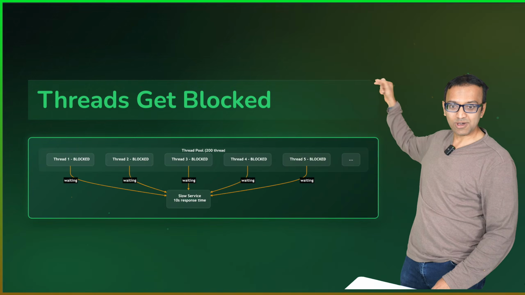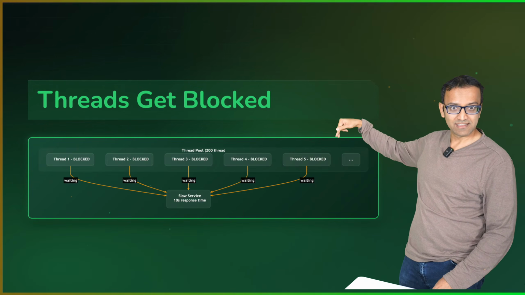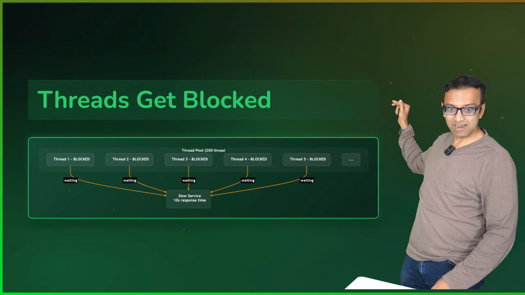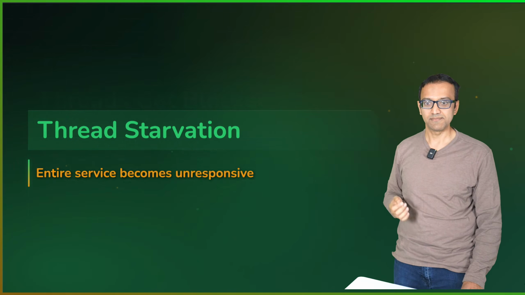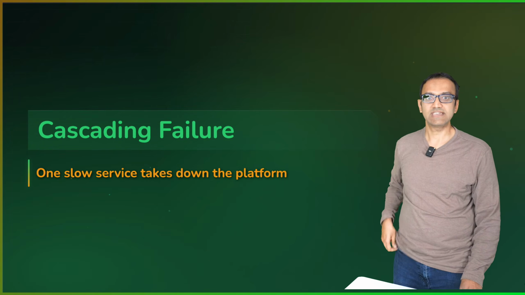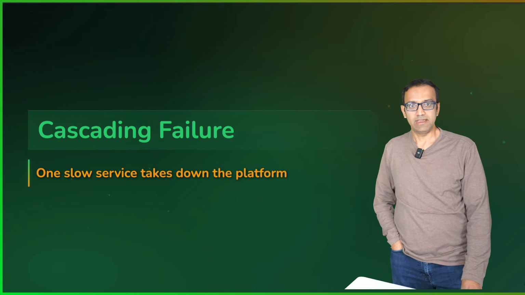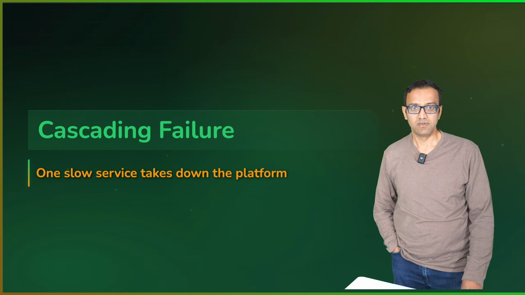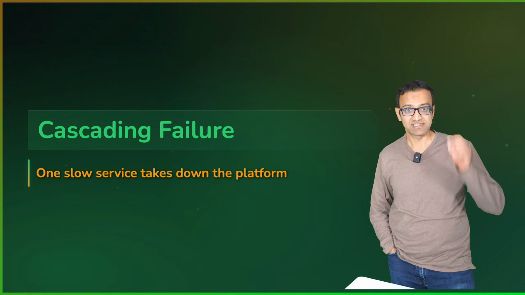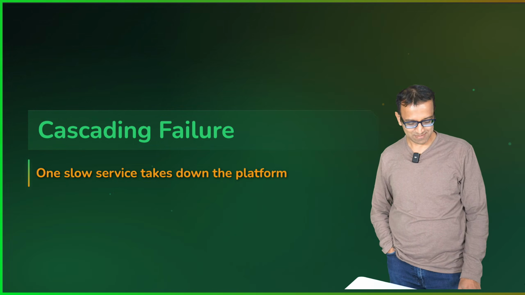So another thing that's calling this is going to be slow as well. The more threads get blocked, it just keeps cascading. This is called cascading failure. The problem cascades through your system. What started as one slow service has now taken down your entire platform.